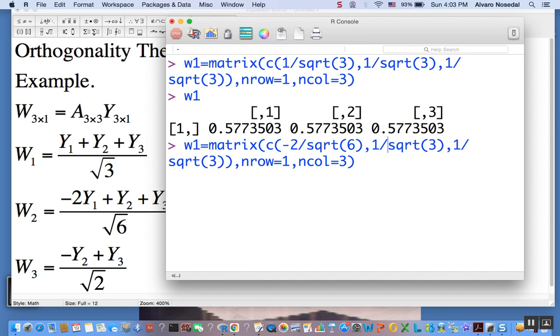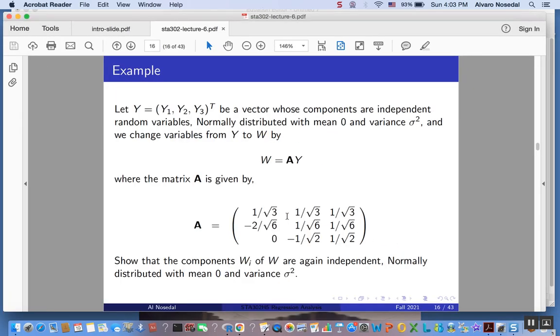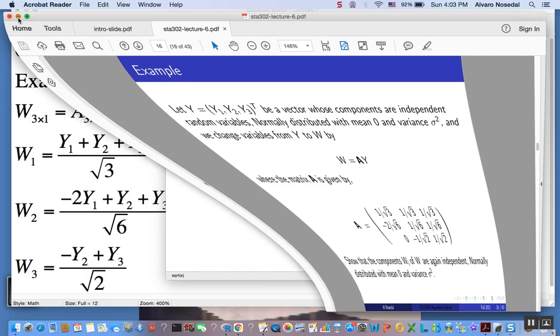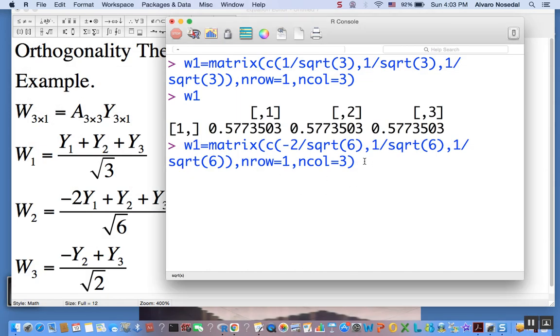We have a 1, that's okay, but we have a square root of 6, and we have another square root of 6, because that's the second row of that matrix A. Okay? Okay. And that would be the second W.